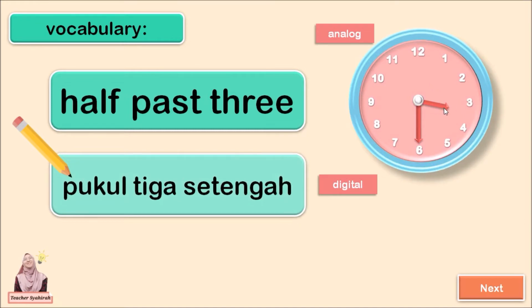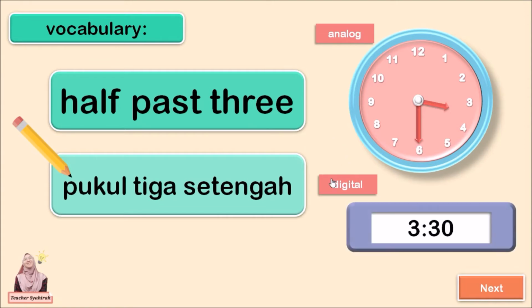The shorter hand shows slightly below 3, and then the longer arm shows at 6. This means 3:30. And then, the digital one will be 3:30. So the other way to say 3:30 is half past 3. Pukul 3:30.